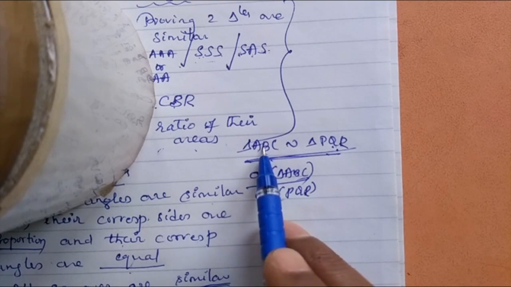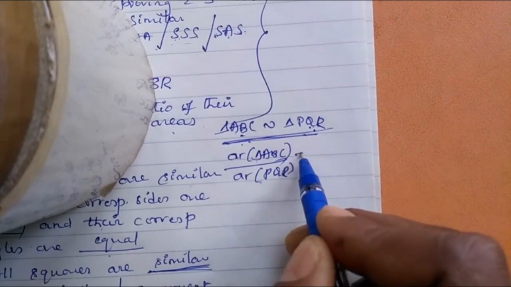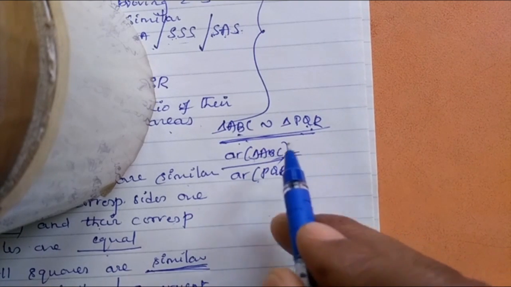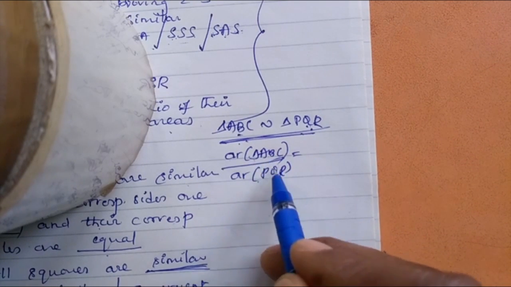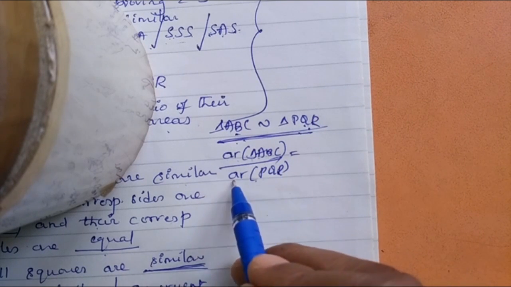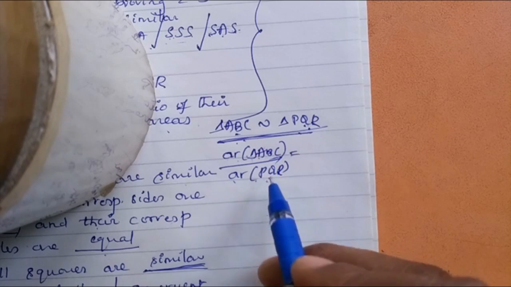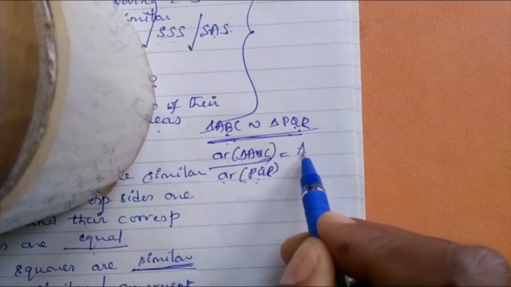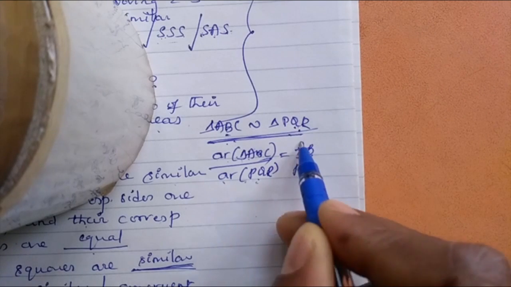So area of ABC by area of PQR is always equal to, take any one pair of corresponding sides, AB by PQ whole square.